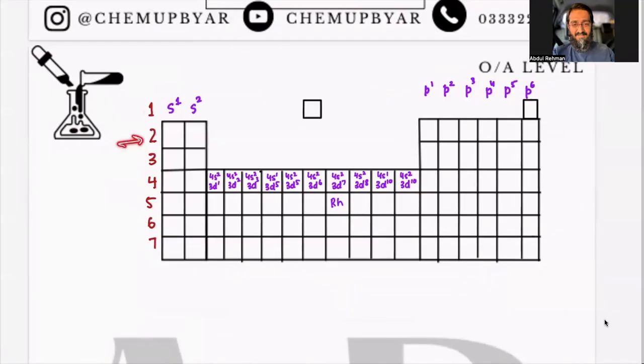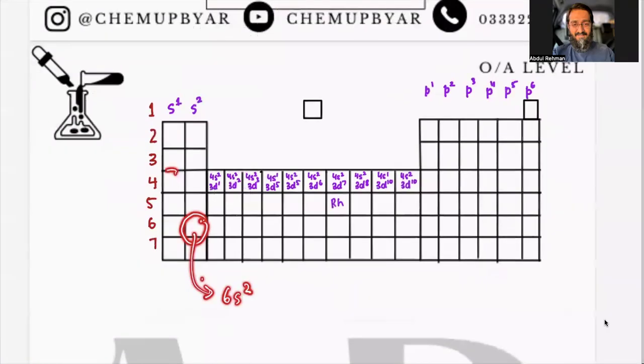If I have any element over here, I'm able to predict that its electronic configuration is going to end at 6s2. If I have this element, its electronic configuration is going to end at 4s1. If I have this element, it is going to end at 7s1.